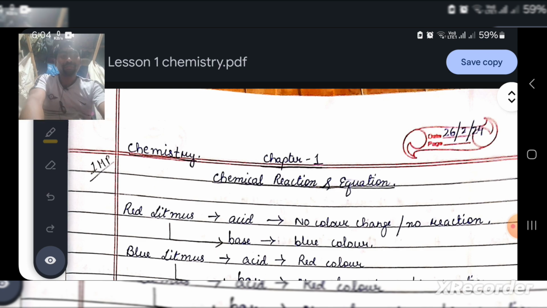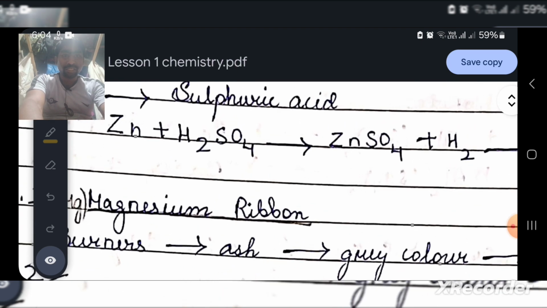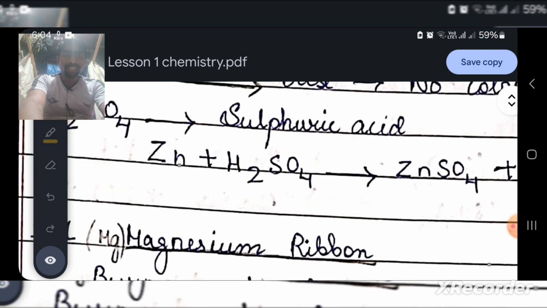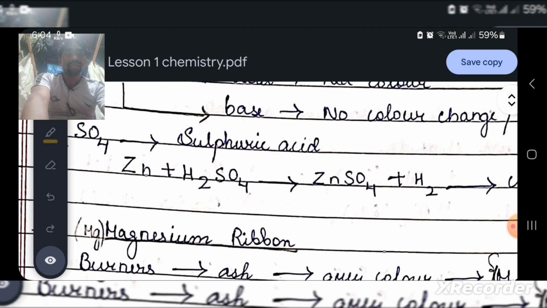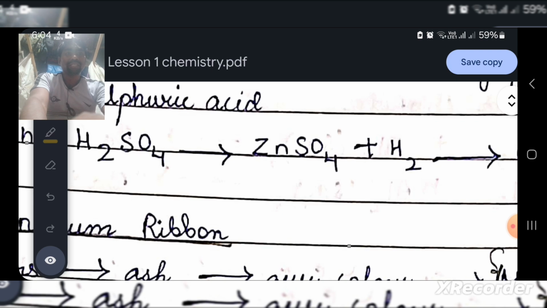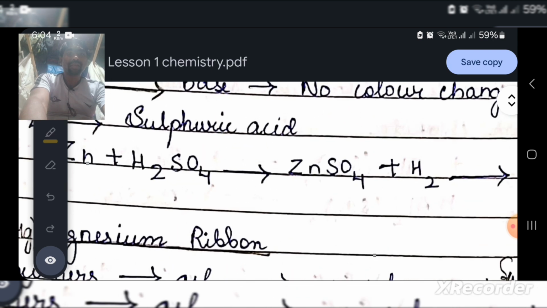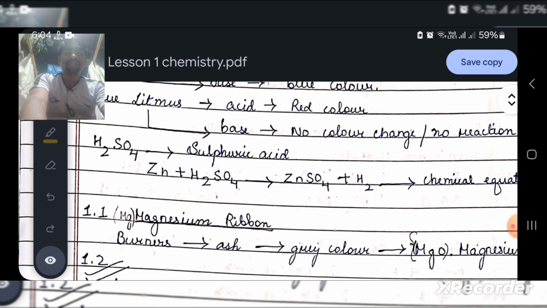As an example, there is one reaction: zinc, Zn, plus H2SO4, then an arrow, and after that, ZnSO4 plus H2. This is one type of chemical reaction, where Zn means zinc.